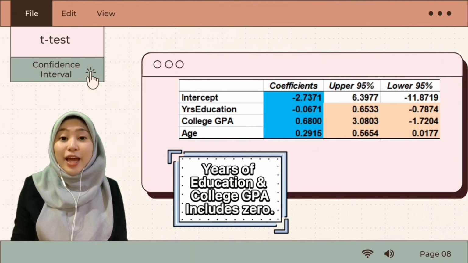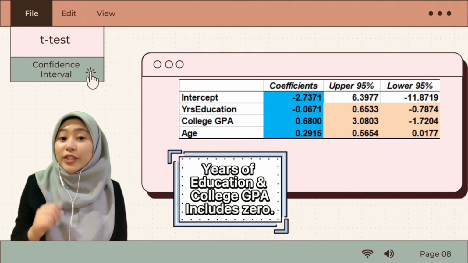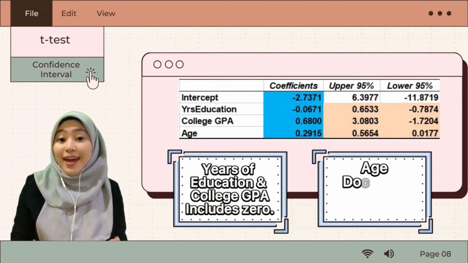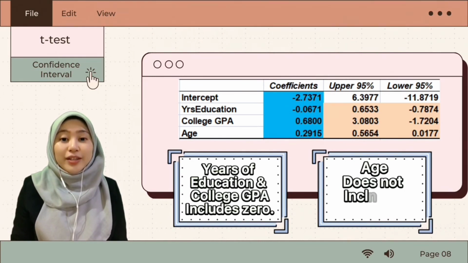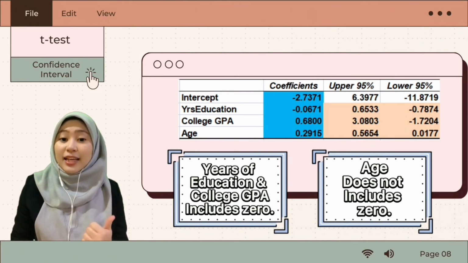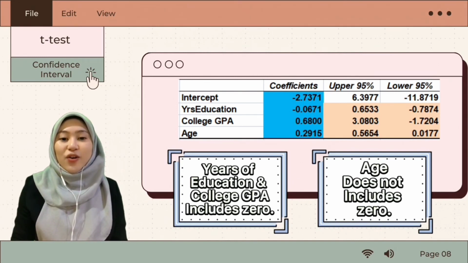Thus, it can be concluded that the coefficients have no significance on employee retention. While for age, the confidence interval does not include zero. Thus, it can be concluded that the coefficient is statistically significant on employee retention.